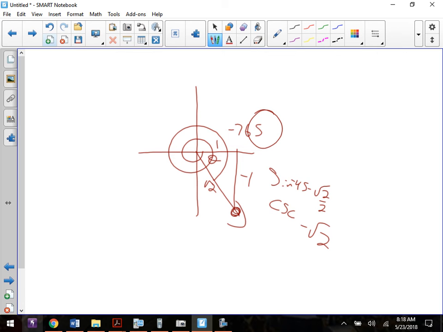Use the given point of the terminal side of angle theta to find the value of the trig function as indicated. That would be number 45. I hate to get ahead of you, but sometimes I do. Well, the rest of them are just like this.